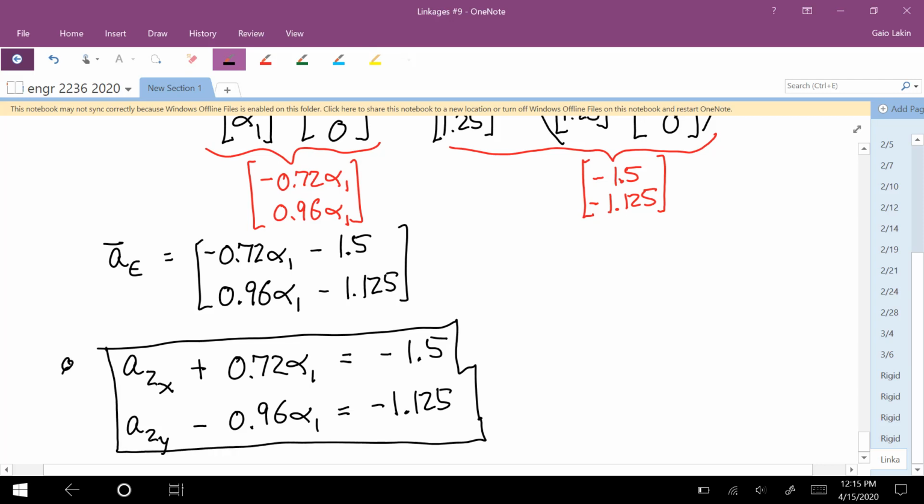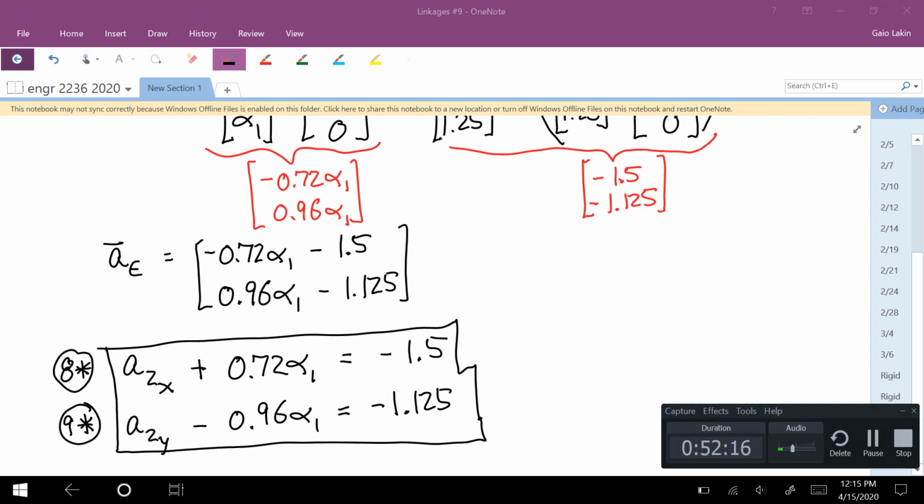And those are equations 8 star and 9 star. Whew. And we have 9 variables, so 9 equations will solve it. So now I'm going to spend a little time solving this, but you don't have to see it because of the magic of time-lapse cinematography.